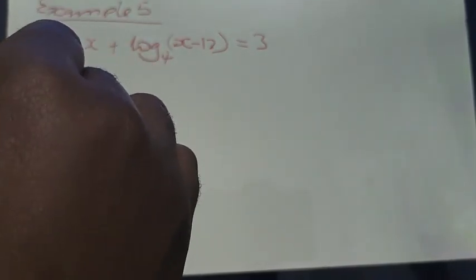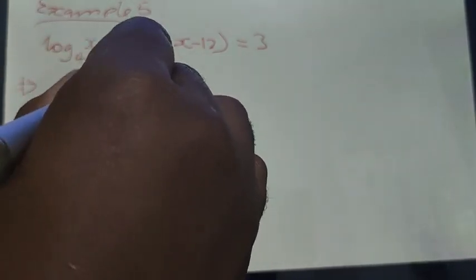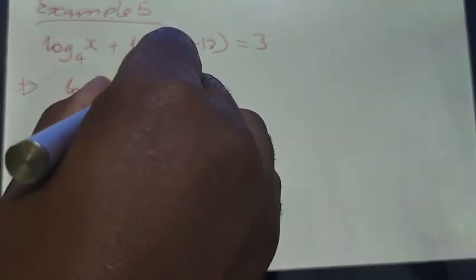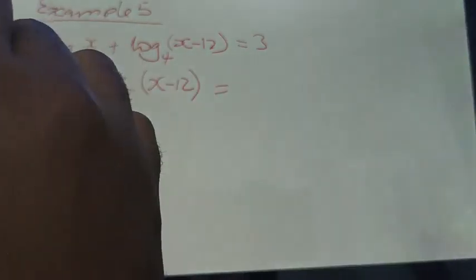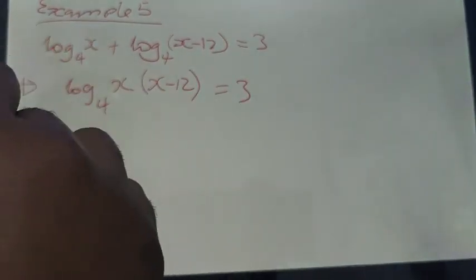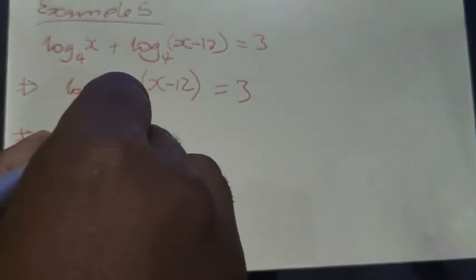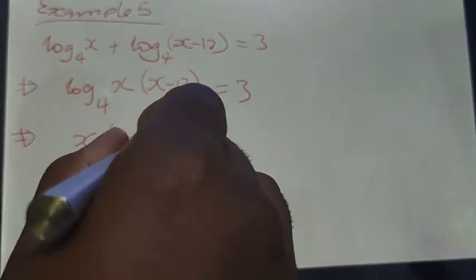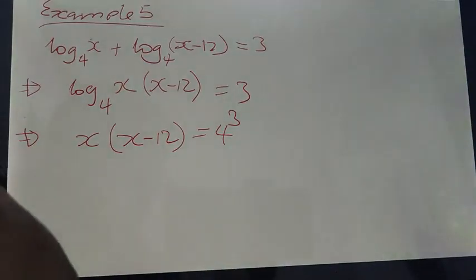This one we're going to use the multiplication rule. So it will be log base 4 of x times x minus 12, should be equal to 3. Simplify this one into exponential form. You're going to have x times x minus 12 is equal to 4 to the power 3.